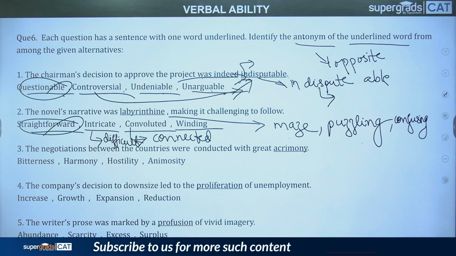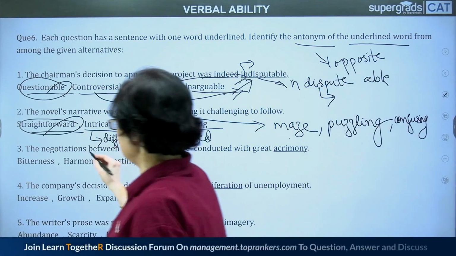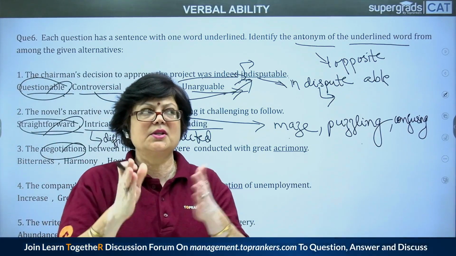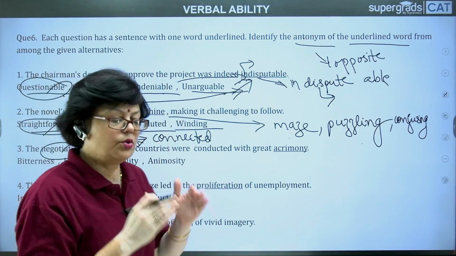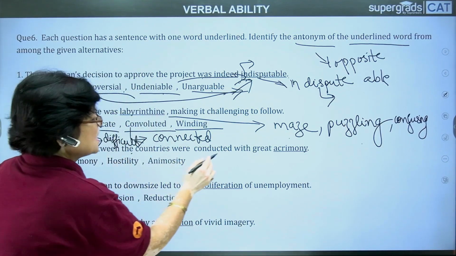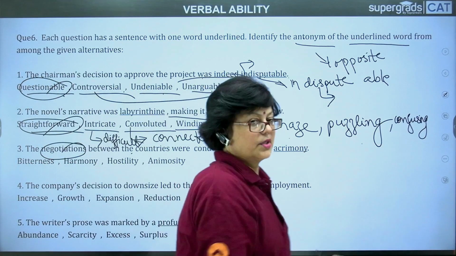Next: the negotiations between the countries were conducted with great acrimony. Negotiation means discussion. To negotiate means to discuss, to try to arrive at a conclusion. Between the countries were conducted with great acrimony.